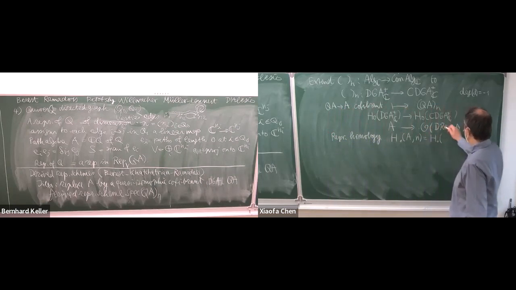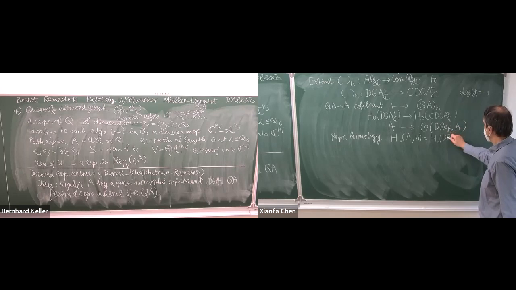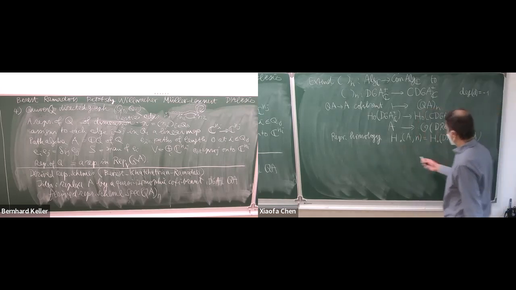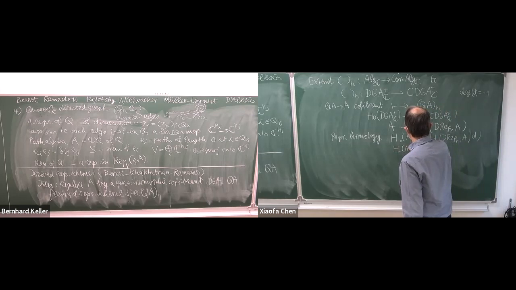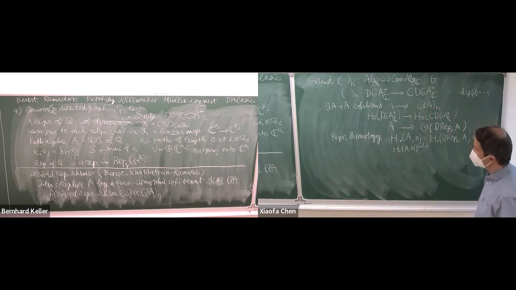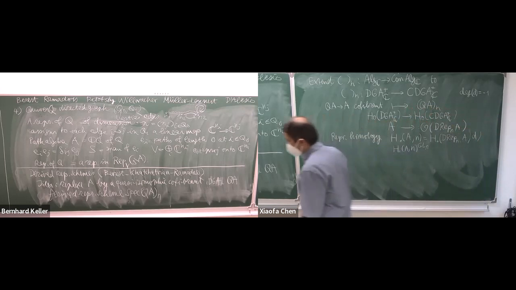The homology of this complex is a differential graded algebra, with the differential, and this is a commutative algebra in homology. And then you might be interested in the character version. So this is the definition of representation homology. Let me explain what it is in examples.